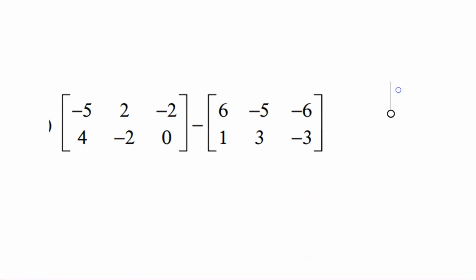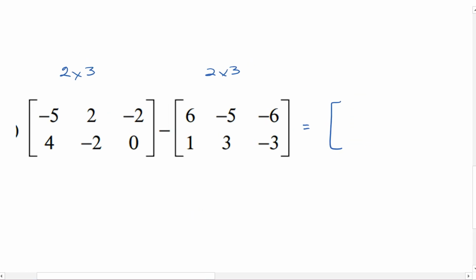Now to subtract, here I have 2 rows, 3 columns, this 2 by 3 by this 2 by 3. So since I have the same structure, I can define this. It is defined by subtraction. So that means you can do it. If they were uneven, you would say it's undefined, if they didn't have the same structure.